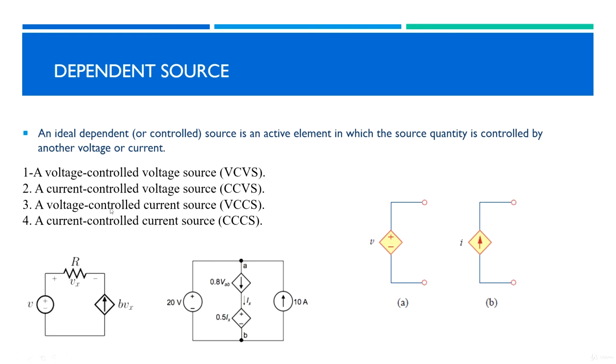So this one is a current source controlled by a voltage inside our circuit. So this is an example of the dependent sources. So we have said that we have two types, independent and dependent sources. So let's have an example on them.